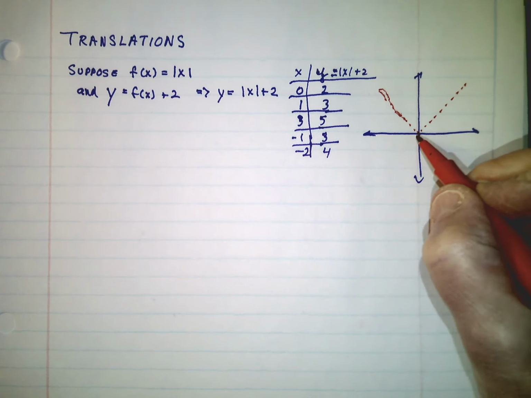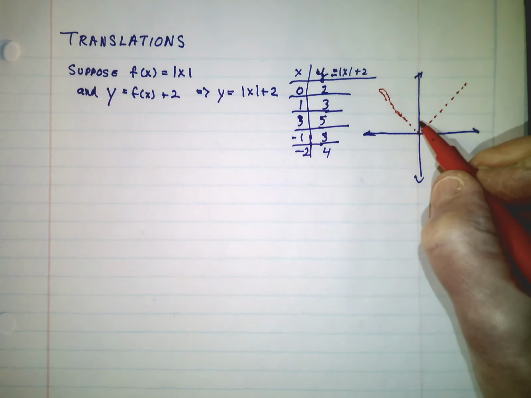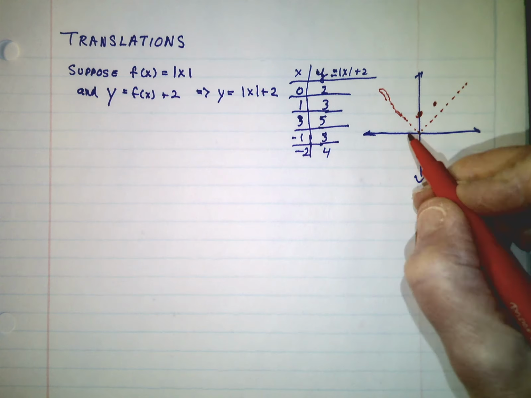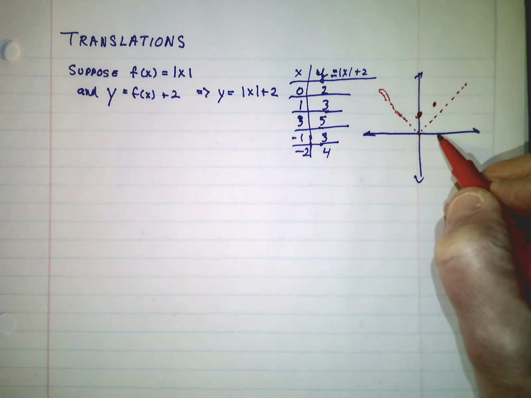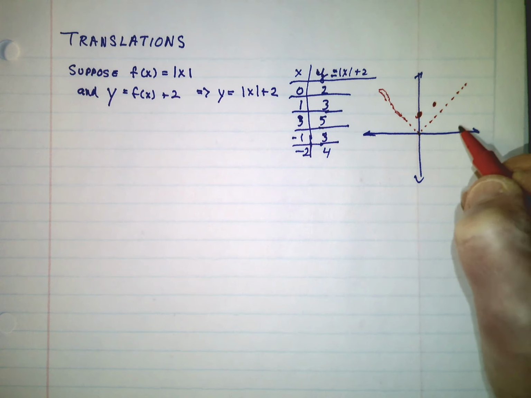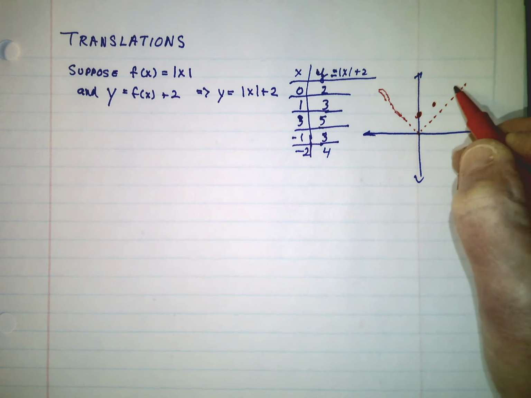But this one's saying go across 0 and up 2. Go across 1 and up 3. Go across 3 and up 5. Go across -1 and up 3. Go across -2 and up 4.